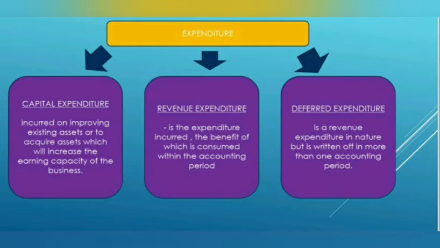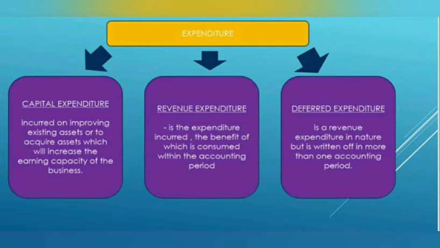Now, what do you mean by capital expenditure? So, it is an expenditure incurred to acquire asset or improving the existing assets which will increase the earning capacity of the business. This means either an expenditure made on purchasing the asset or upgrading the existing assets.